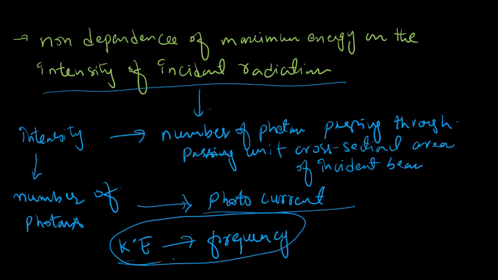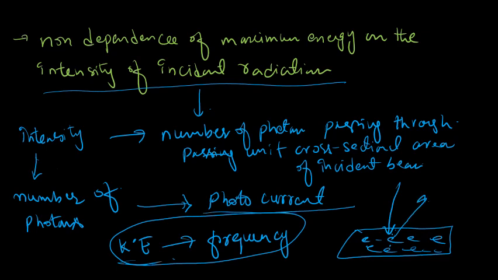So there is no dependence of maximum kinetic energy on the intensity of incident radiation, as Einstein explained that if we have the metal surface and these are the electrons, the incident photon gives all its energy to the electron, and as a result it is emitted. A single photon gives all of its energy to the electron.